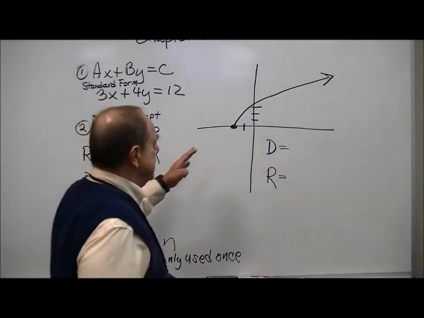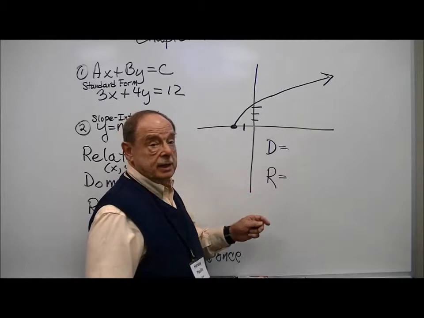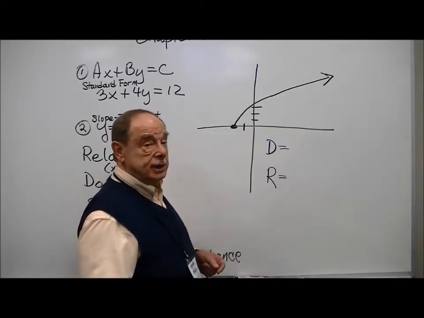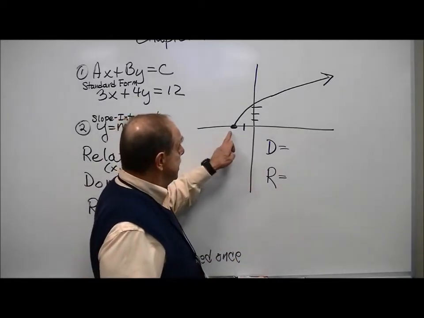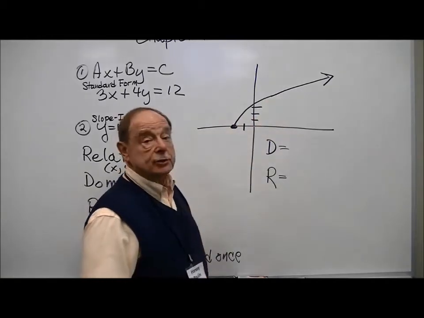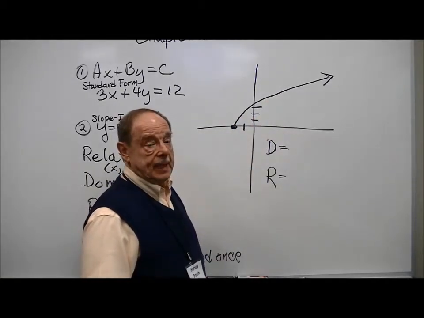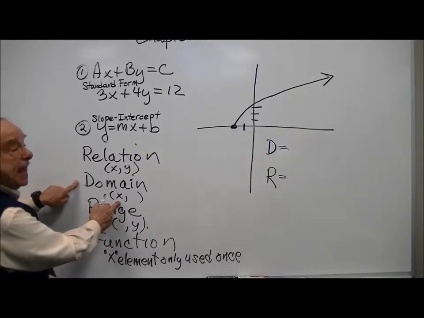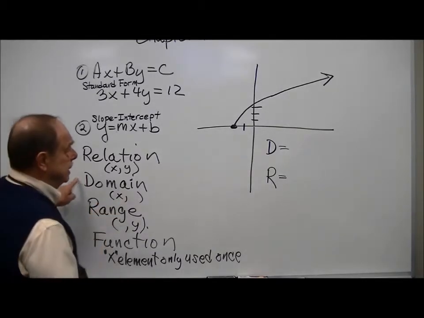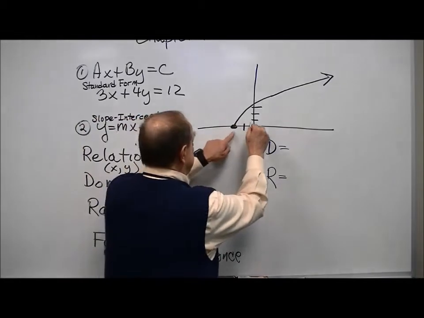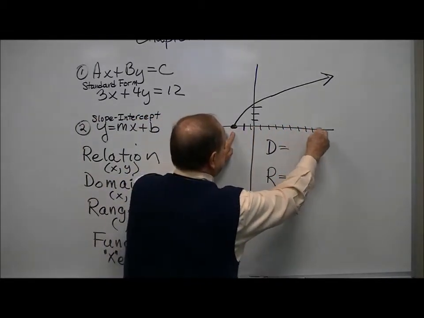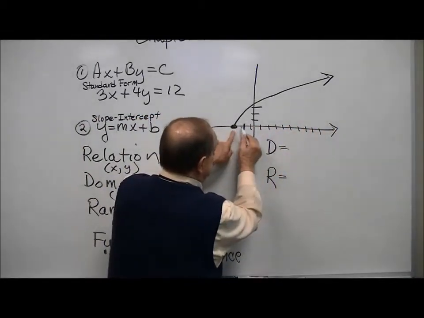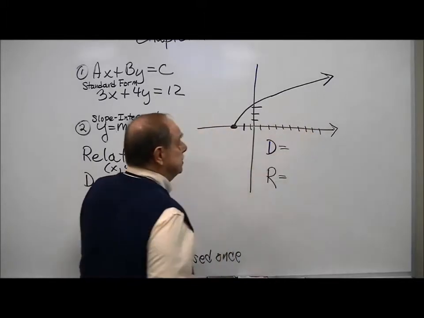Now, suppose we were asked to define, using interval notation, the domain of this particular graph. So once again, the domain were the x elements. So as you see, all of these are going to be values of x that are in our domain.